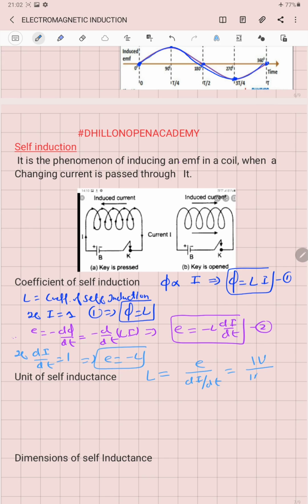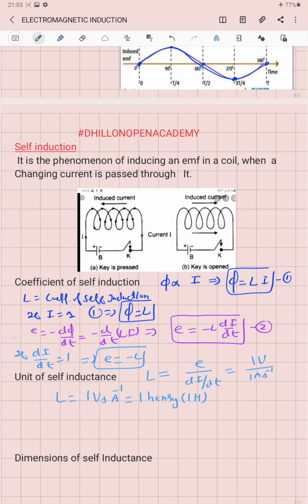Di by dt will have unit 1 ampere per second, so we can write it as 1 volt second per ampere, and this is known as 1 Henry, after the name of the scientist, with the symbol capital H. So the self-inductance of the coil is 1 Henry if 1 volt of EMF is induced inside it when the current through the coil is changing at the rate of 1 ampere per second.